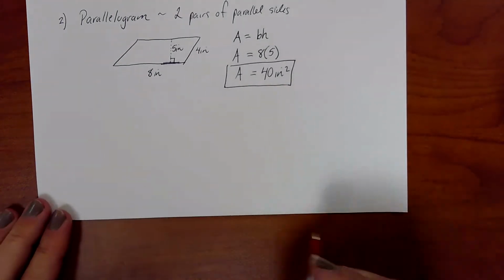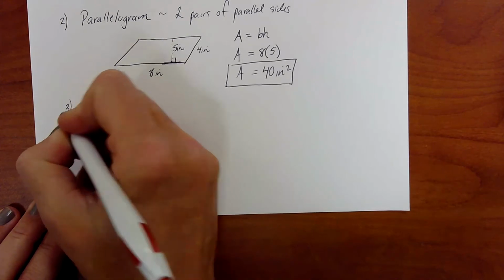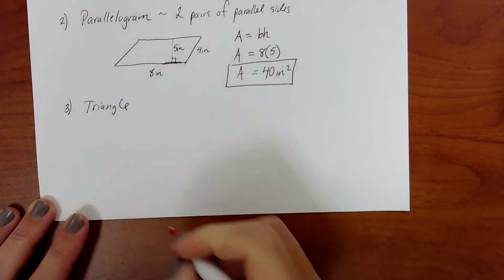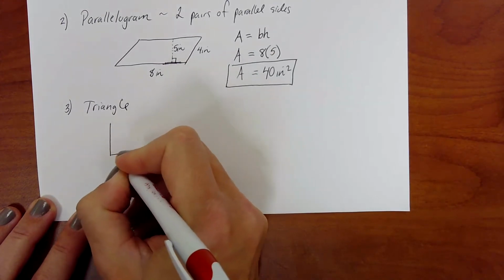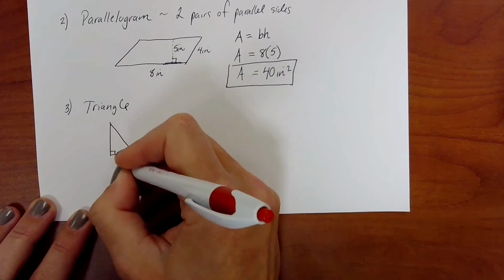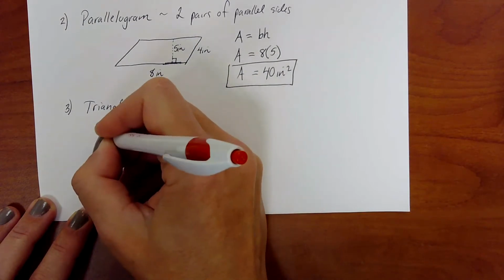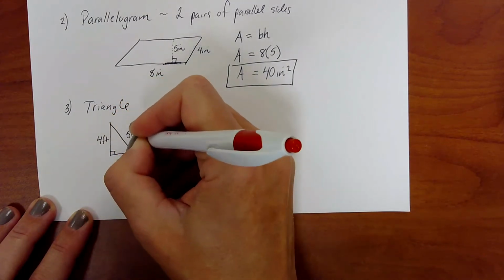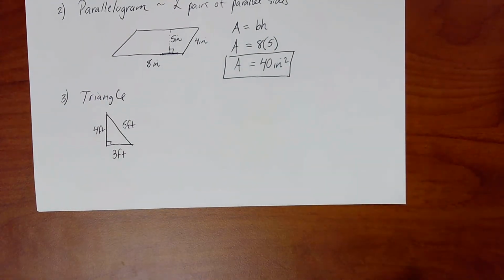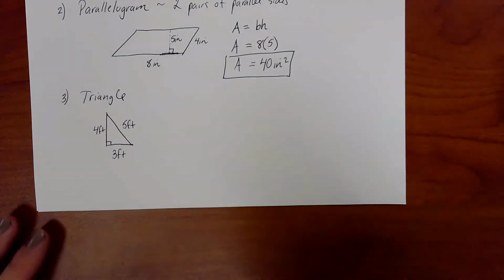Okie doke. All right, let's look at how to do a triangle. I'm going to start with a right triangle. Let's say this is 3 feet, 4 feet, and 5 feet. Now how would we figure out how many squares in there?